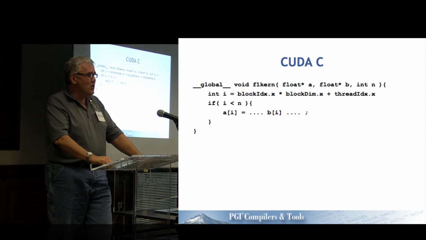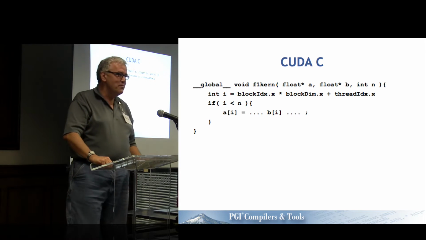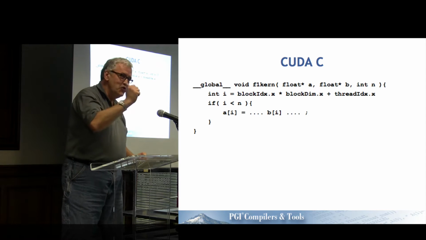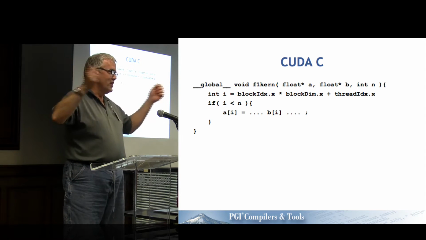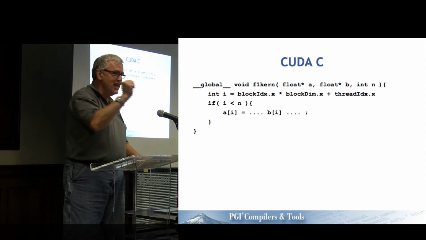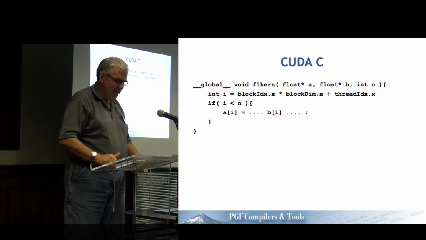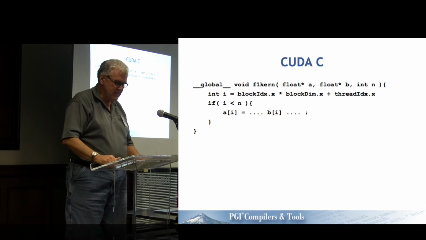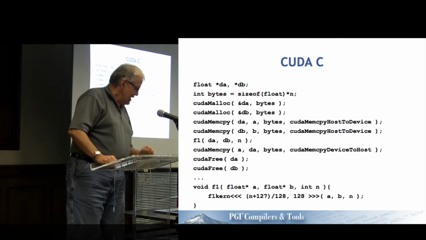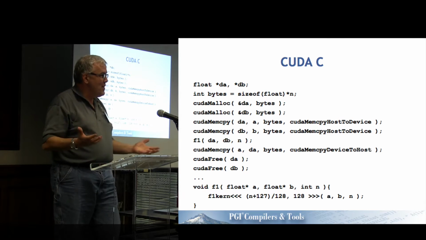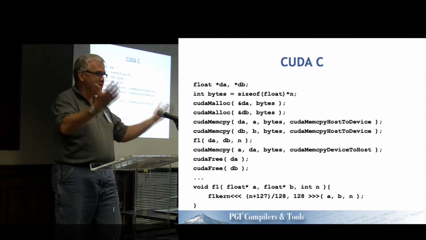A typical, though not necessarily every, CUDA kernel routine: you compute your index from your location in the grid and the block. This is the index of the array, the index of the iteration set I'm going to work on, and then I go do my work. And then around that, you've got the host doing the memory management and then launching the computation.